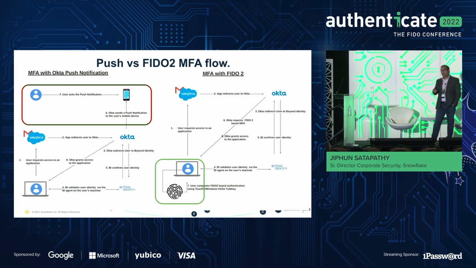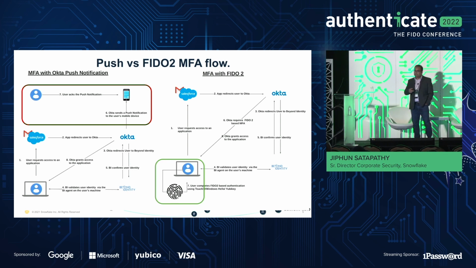In our case, we have also gone one step further where we are saying we are passwordless. For that, we have introduced Beyond Identity, which works as more of an IDP for us. So Okta is going to pass that auth to Beyond Identity. Beyond Identity is a passwordless auth mechanism. It has an agent running on the device, on the laptop. It makes a check with the device and verifies that it's the right user.